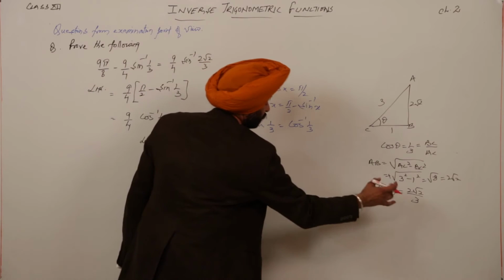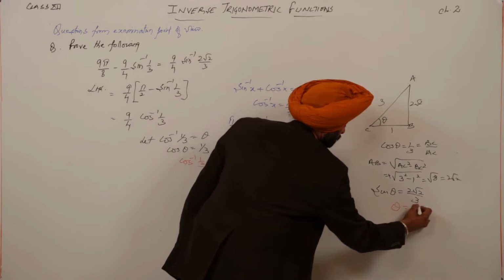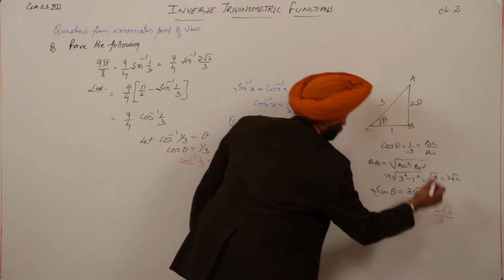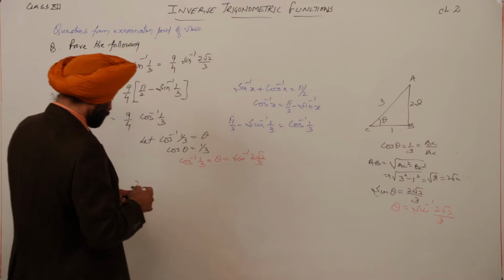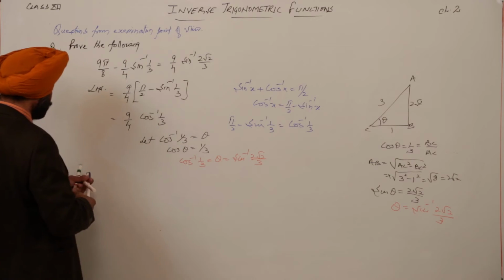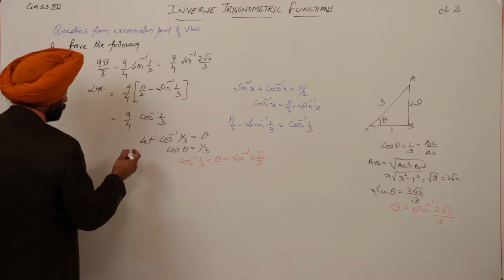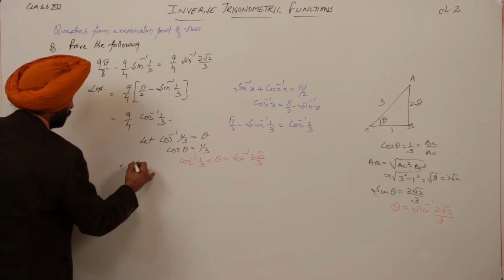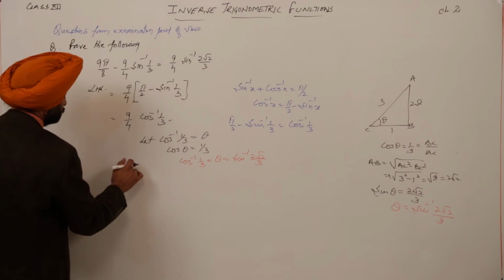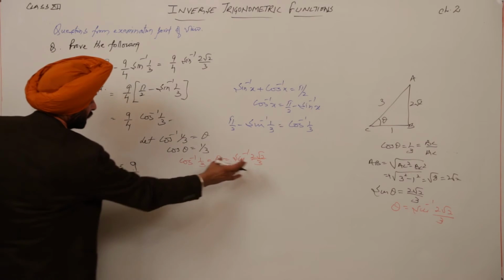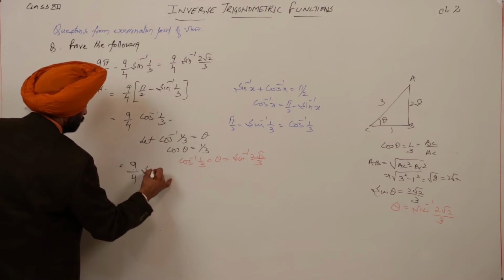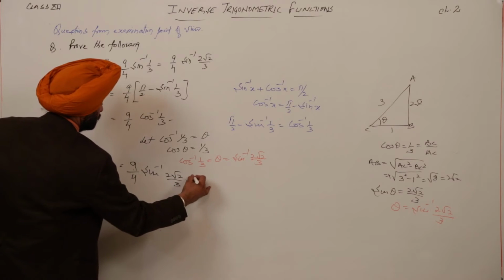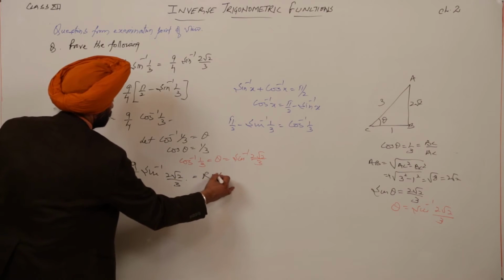Okay. So now in our question, starting again from 9 by 4, in place of cos inverse we can write sin inverse 2 root 2 by 3, and this is equal to the right hand side.